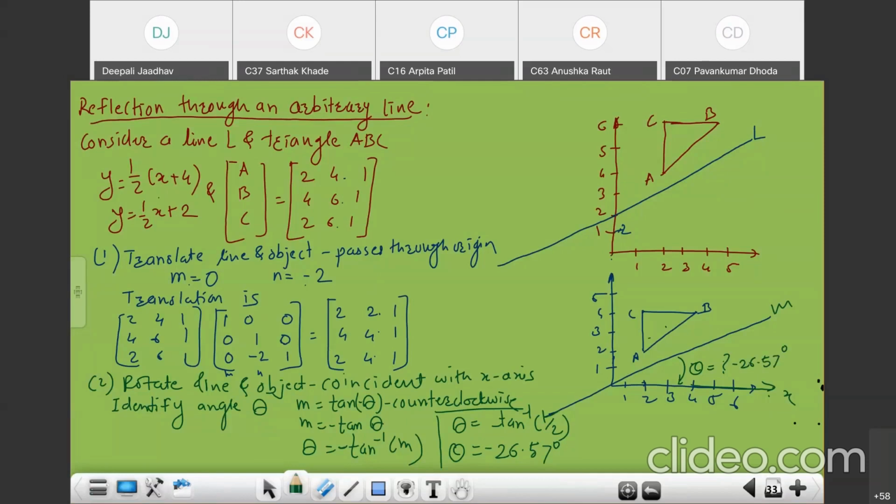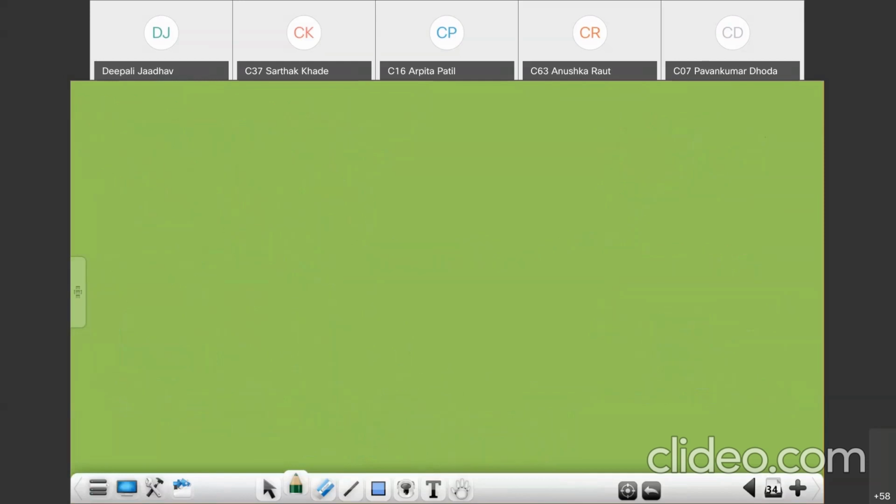Now we need to write the transformation matrix for rotation. Rotate the line and object with angle theta equal to minus 26.57 degrees.